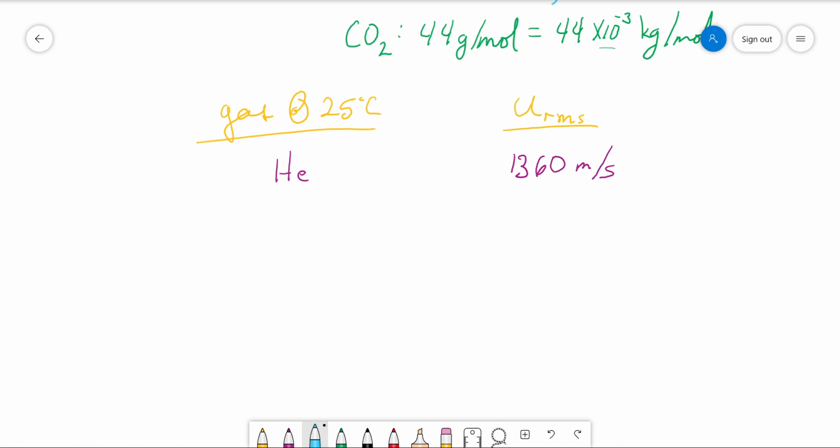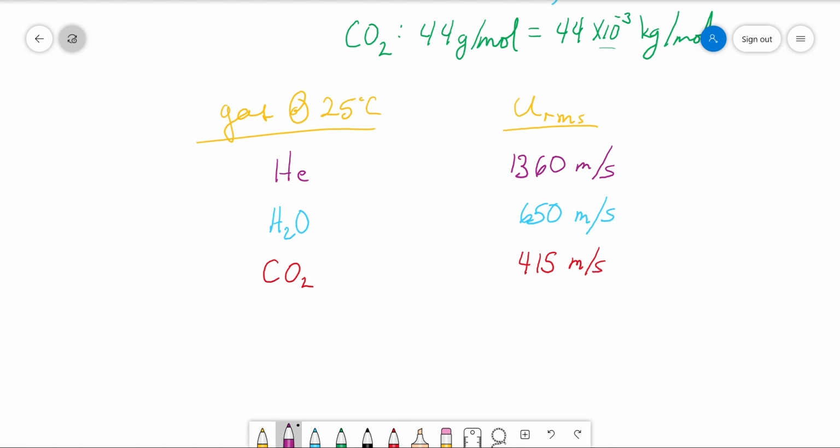Okay. Water, H2O. Its root mean square speed is 650 meters per second. Again, about 1,300 miles per hour, incredibly fast. And then CO2, 415 meters per second.